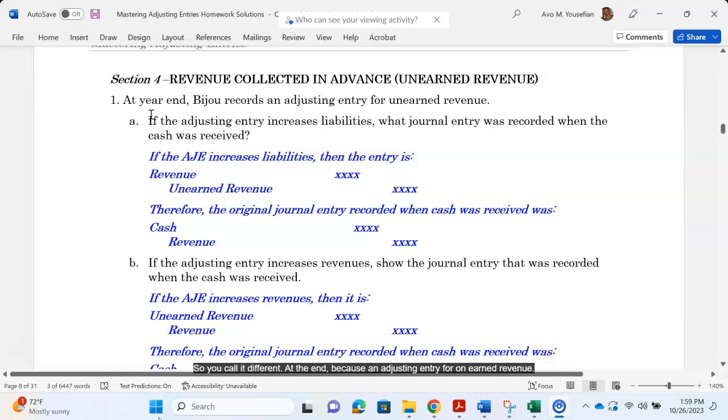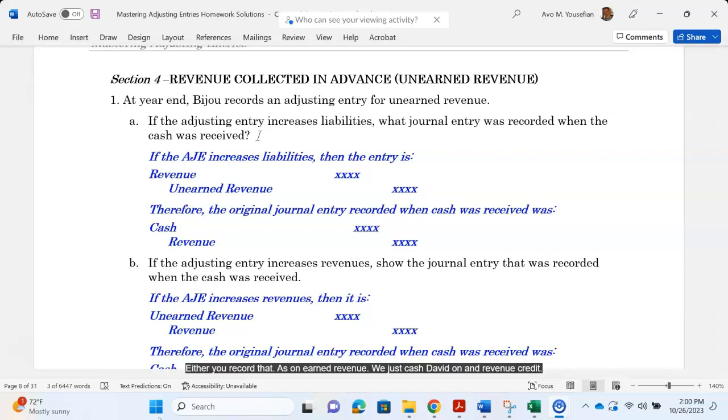At year end, DIJU records an adjusting entry for unearned revenue. If the adjusting entry increases liabilities, what journal entry was recorded when the cash was received? So when cash is received, you have two options normally.